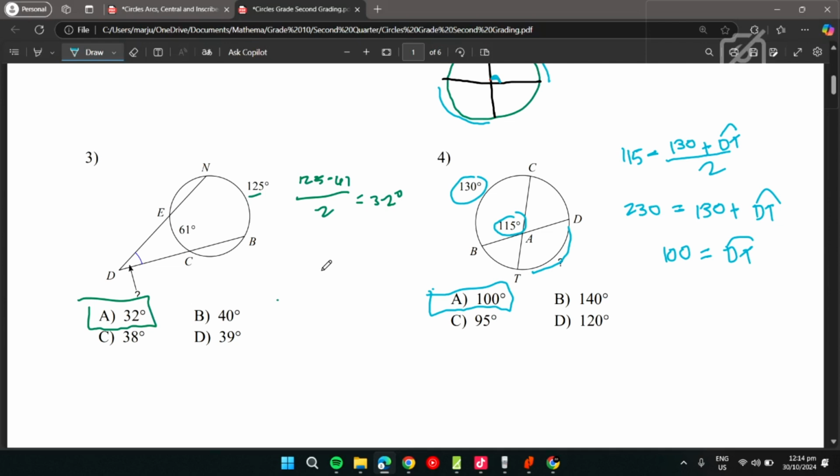Klaro ba yung explanation natin sa number 4 or do we need to repeat the explanation? Ano po yung 230? 230 is this, 115 times 2. Paano siya nakuha? Again, I will repeat the explanation.